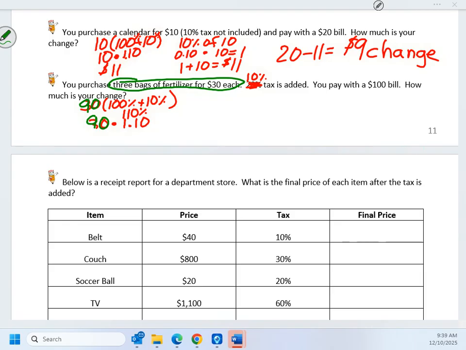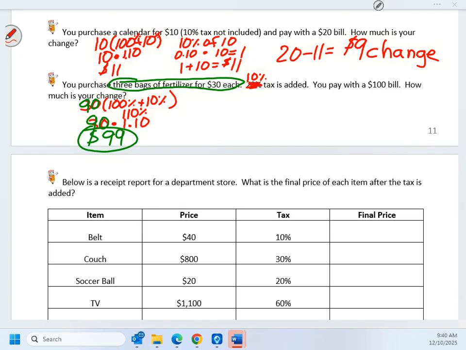So Joy, using the $90 times that 1.10, how much is the cashier going to say he owes? Or what is the tax? No, how much does he owe? $99. Okay? Now, that was the second method. Who used the first method that could walk me through using the correct amount that he's purchasing?